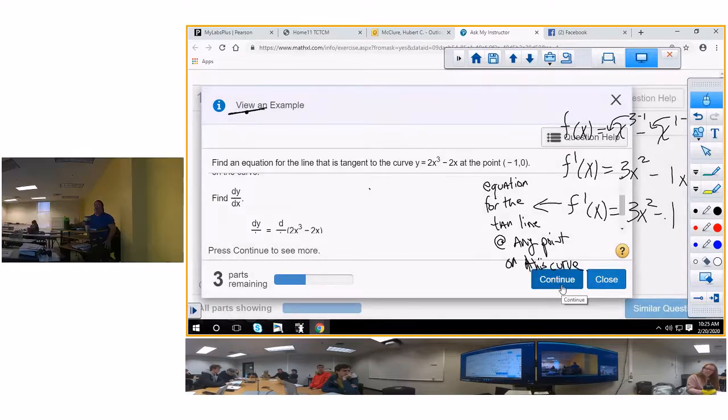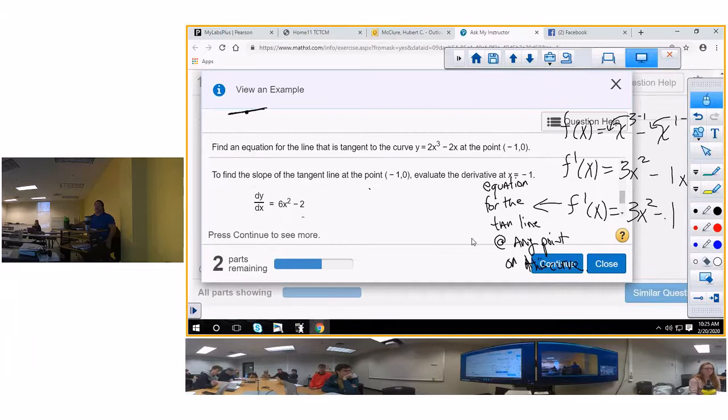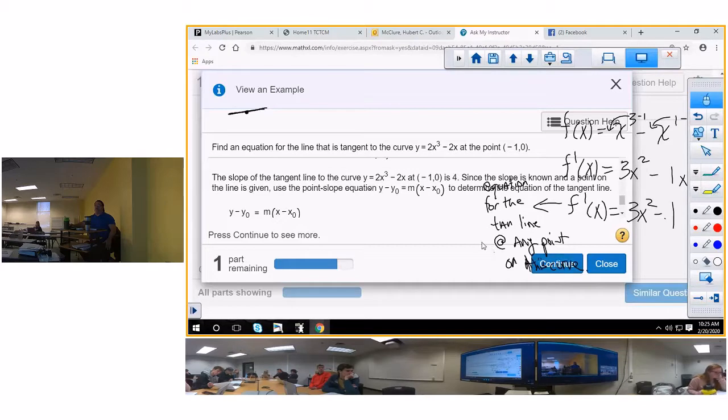I found the equation for that line. 6x squared minus 2. I got 3x squared minus 1. That's what you were asking for. What do you want now? Well, they want you to, oh my Lord.